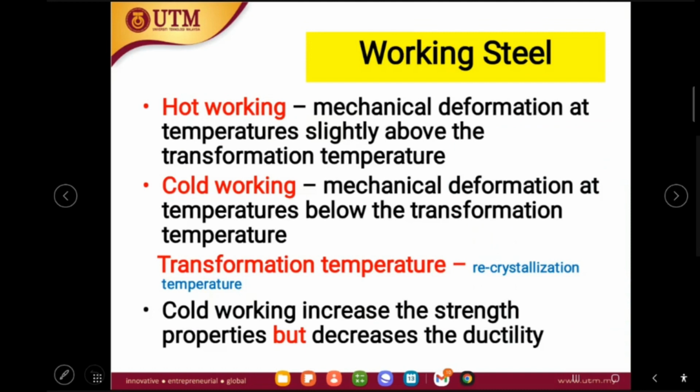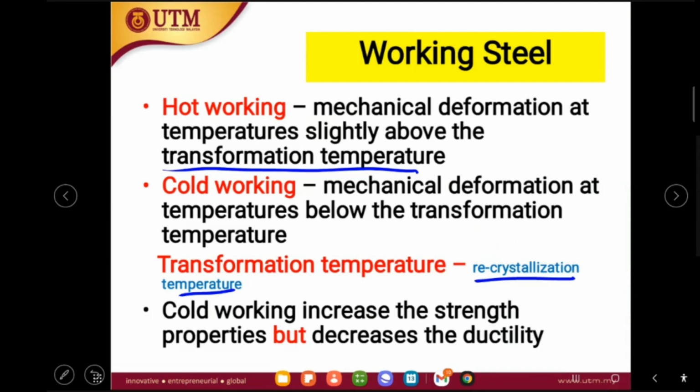Hot working is the mechanical deformation at temperatures slightly above the transformation temperature. What is meant by transformation temperature? That is the recrystallization temperature, where we can say it is the melting point. And then cold working is the mechanical deformation at temperatures below the transformation temperature.